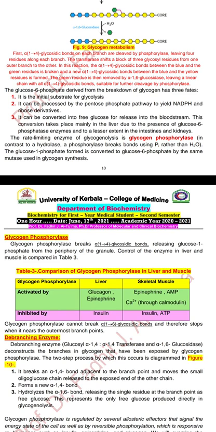Glycogen phosphorylase cannot break alpha-1,6 glycosidic linkage and therefore stops near the outermost branch point.